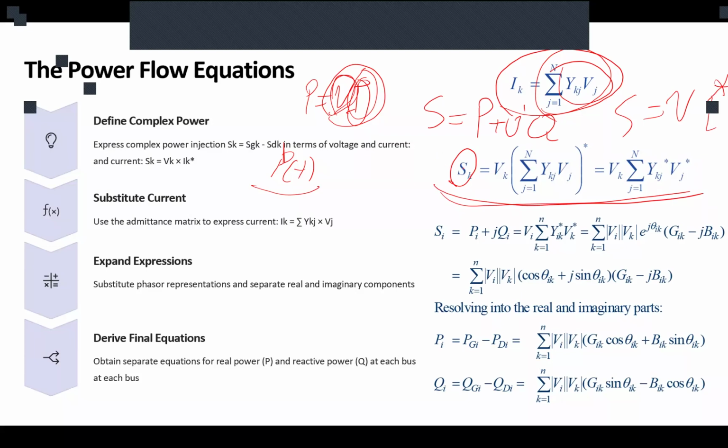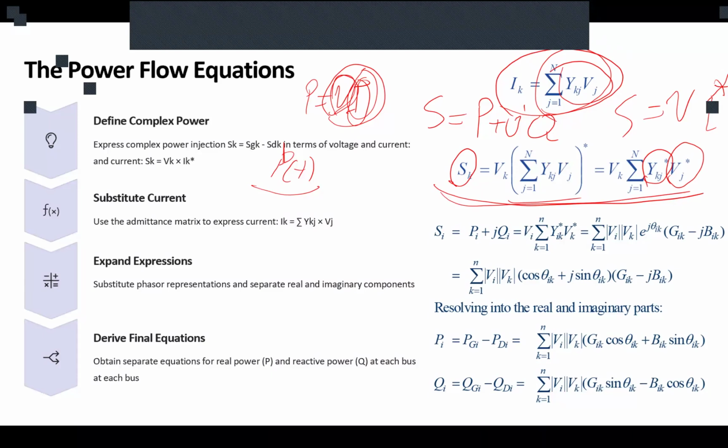For bus K, the power would be the voltage of bus K times the current of bus K conjugate. But we know the current of bus K conjugate is that summation. We already know that from KCL and Ohm's law. So let's do that. Conjugate of this means conjugate of the admittance times conjugate of the voltage.